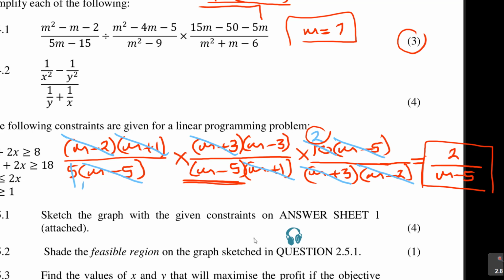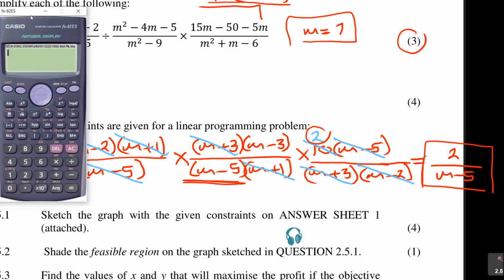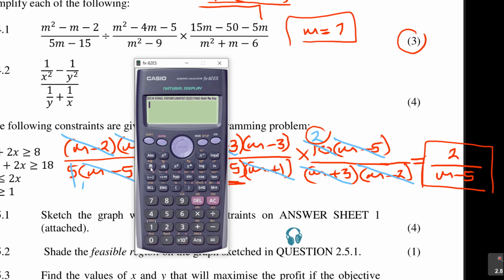When you do that, you take it into the original, where m is 7. So let's start with the first one. It's 7 squared minus 7 minus 2 over 5 times 7 minus 15. You just do it fast, the calculator will do the job.